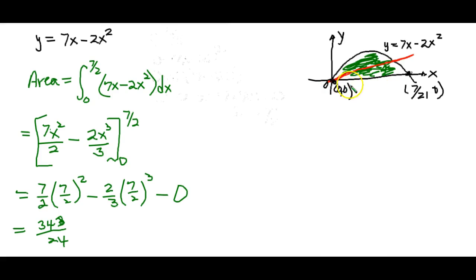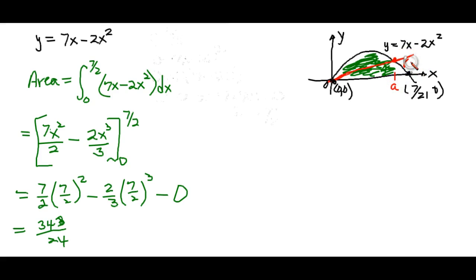Now let's look at the line. Remember, the line divides that shaded area in half. But we need a bit more information about this line. I know that it intersects the graph of the function right there. I don't know what that point is, so I'm going to call that x value a.